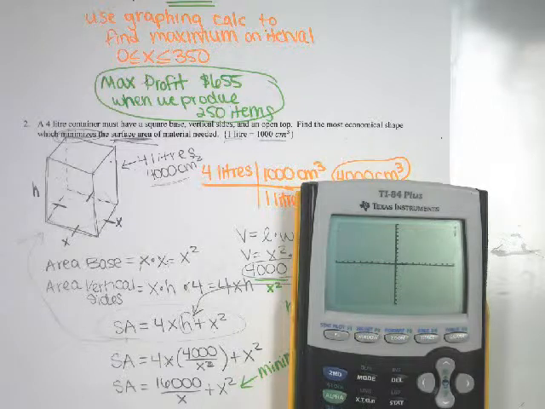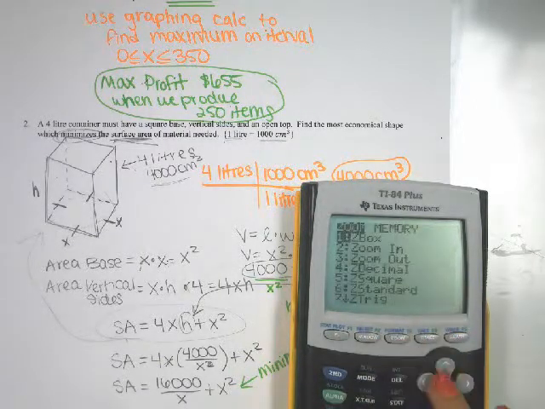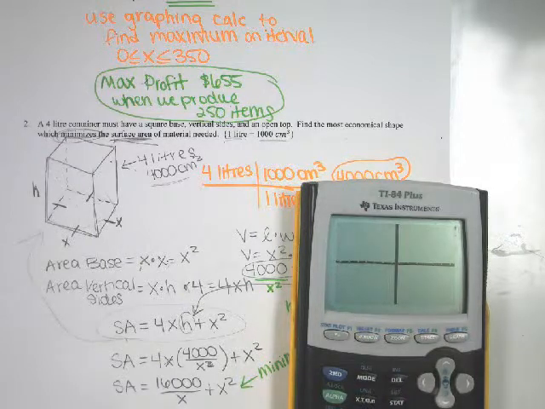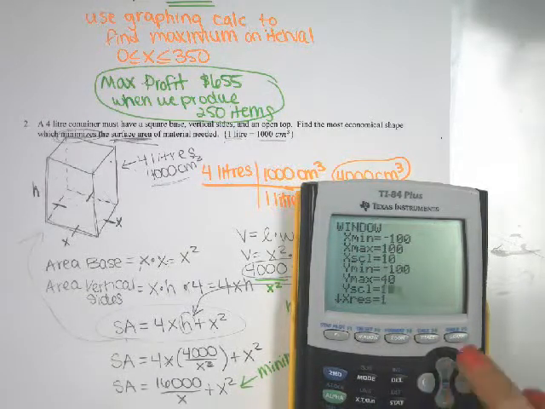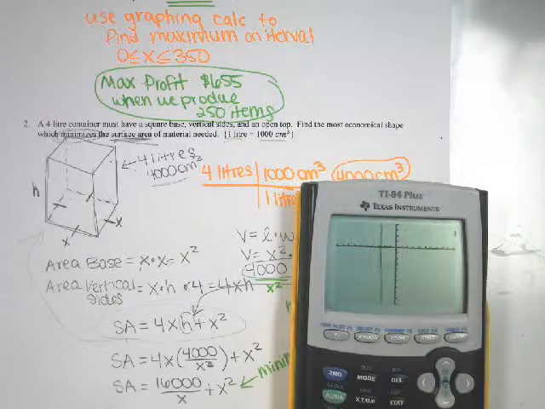I'm going to zoom 6 and see where we need to go. Can't see it, so let's zoom out and see if we can get an idea. That doesn't really help. Let's try changing our window a little bit.